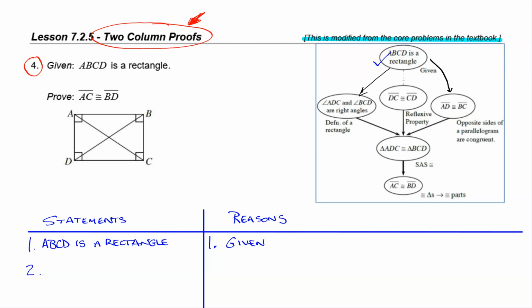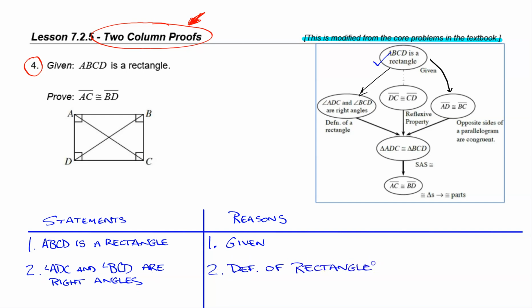So what I'm going to do next is say my second statement will be that angle ADC and angle BCD are right angles. Why am I allowed to say that? Well, because that's the definition of a rectangle. A rectangle is a quadrilateral with 4 right angles. So boom, we've taken care of that fact oval.